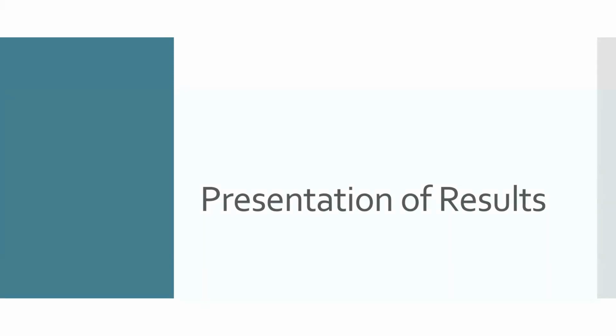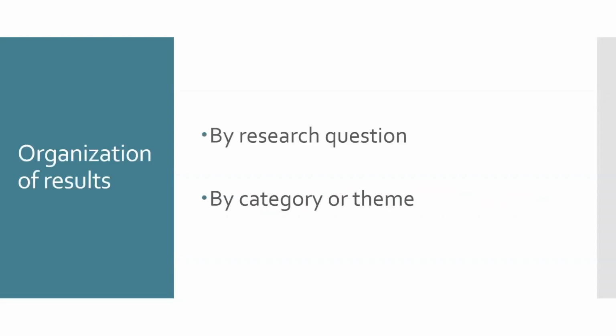The results chapter is where you present your results. There are different ways to do that, okay? Some schools will tell you specifically how they want the results organized. Others provide greater flexibility. So this is something you have to figure out for yourself, and then with your chair, what makes the most sense in terms of presenting results.